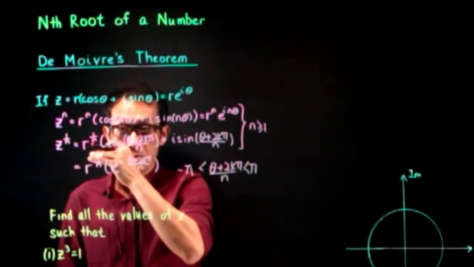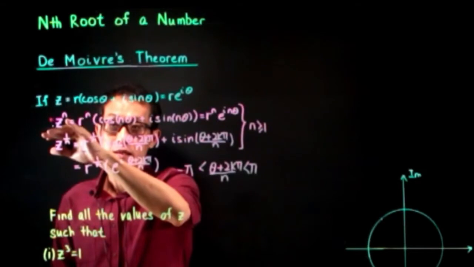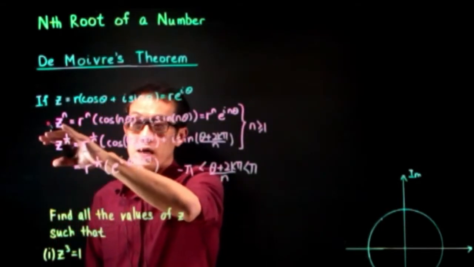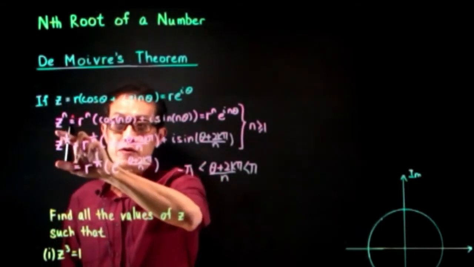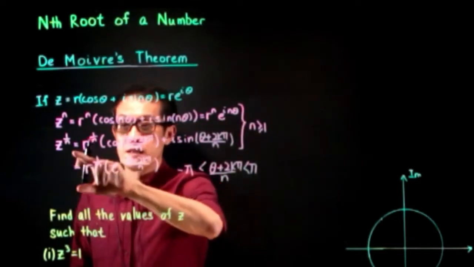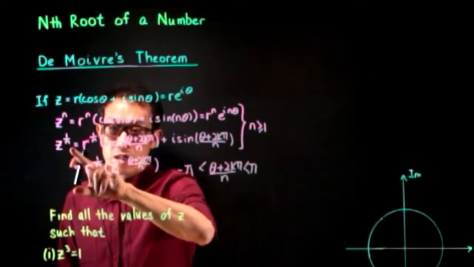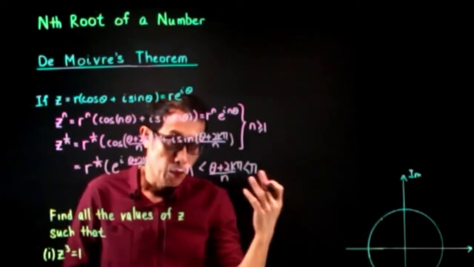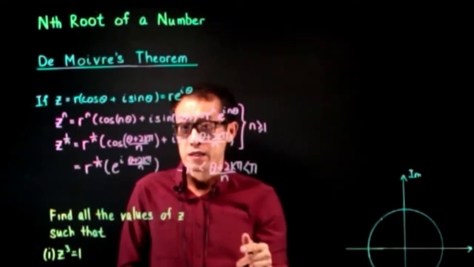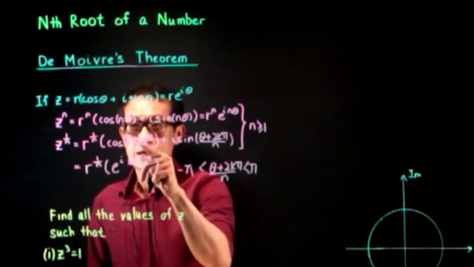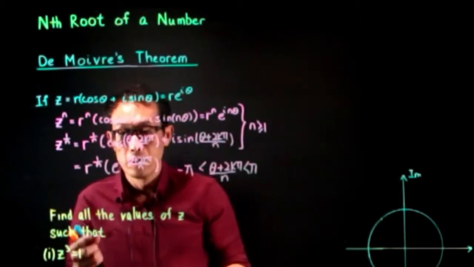When n is a number greater than 1, then you apply this. When z is to the power of a number that is smaller than 1, like z to the power of 1/3, z to the power of 2/3, then you apply this formula here.